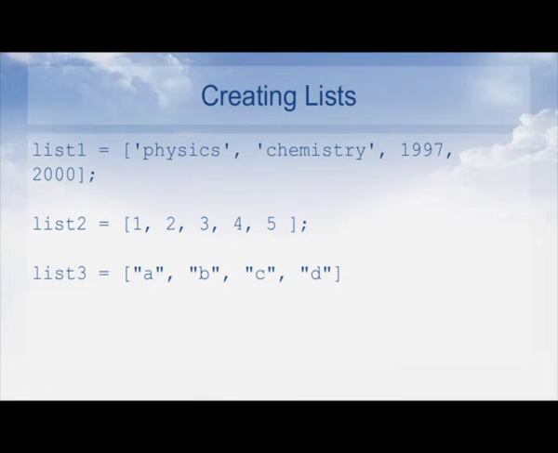Physics and chemistry are string type, whereas 1997 and 2000 are numbers. In list 2, all items are numbers separated by commas. In list 3, we have 4 items, that is 4 characters separated by commas.